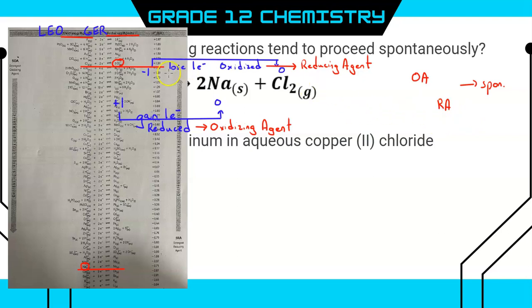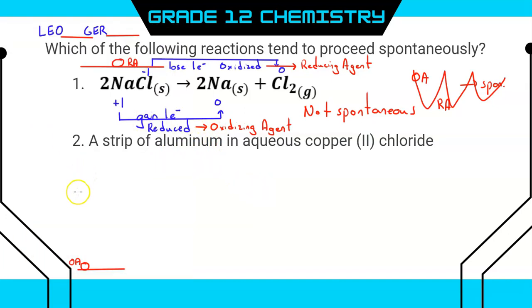So in this case, we have the reducing agent up here, which is clearly above our oxidizing agent. So this is not spontaneous, which for salt is a very good thing, that it doesn't spontaneously become sodium and chlorine gas. That would not be good.